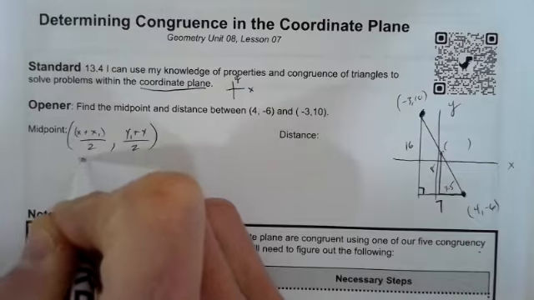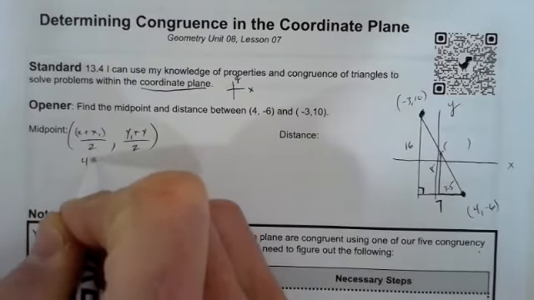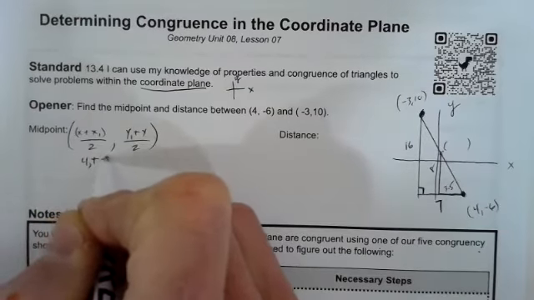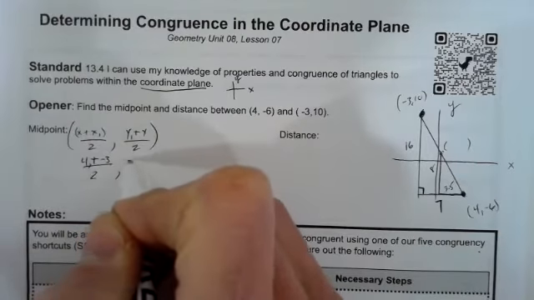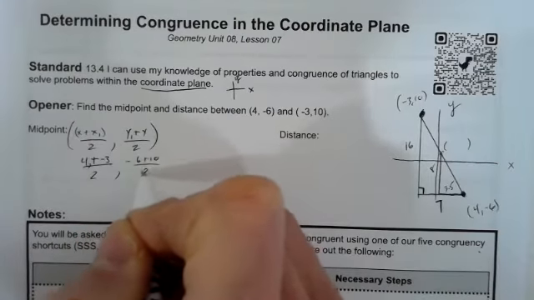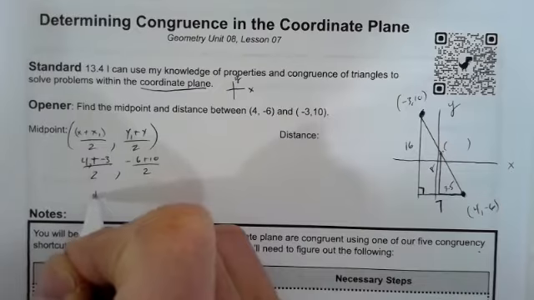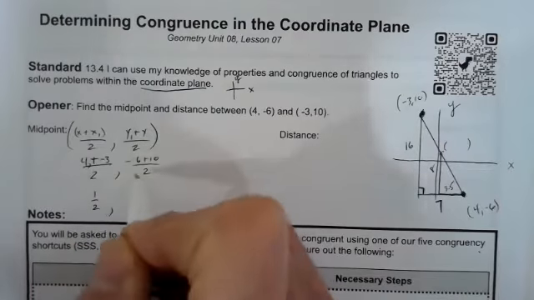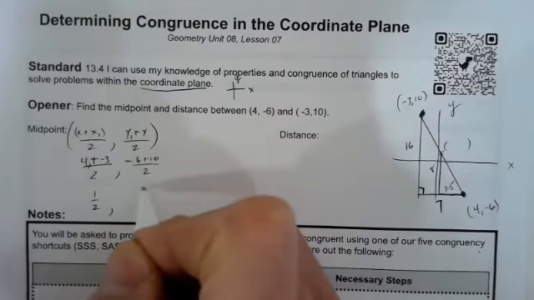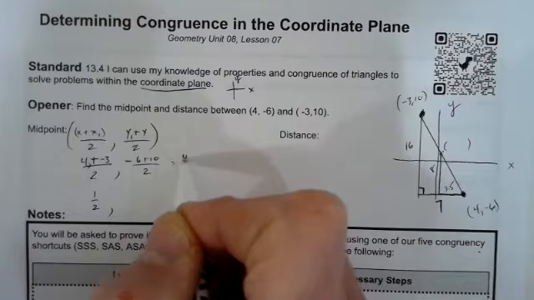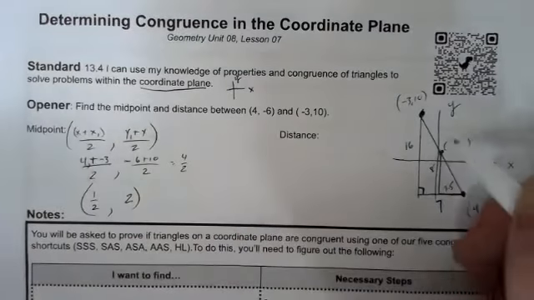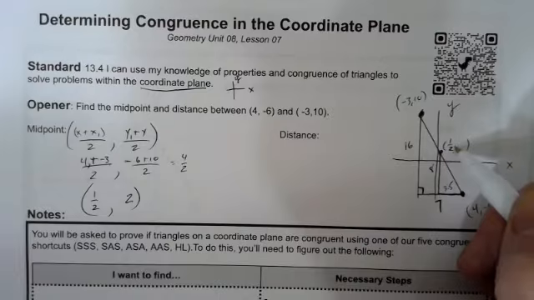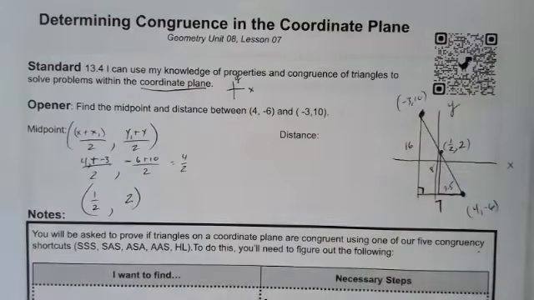So that would give us the exact point, which is (4 plus -3) over 2, comma, (-6 plus 10) over 2. So 4 plus -3 is 1 over 2, which is just 1/2. And then -6 plus 10 is 4 over 2, which reduces to 2. So this point right here is going to be 1/2 on the x-axis, comma, 2 high on the y-axis.